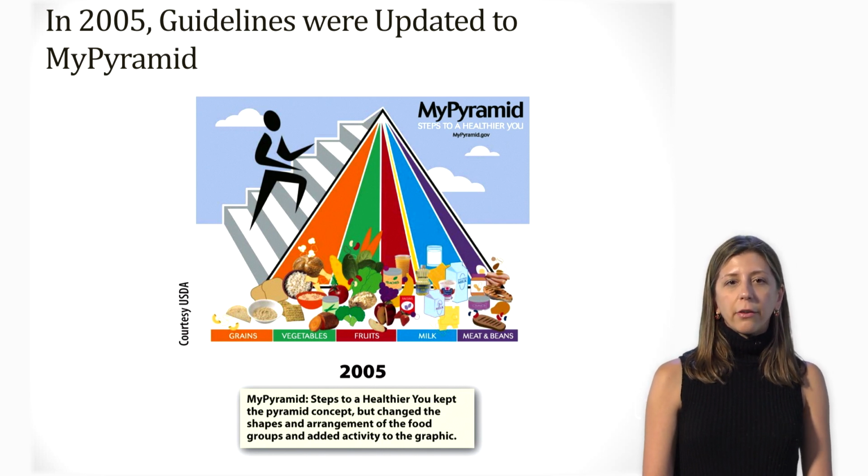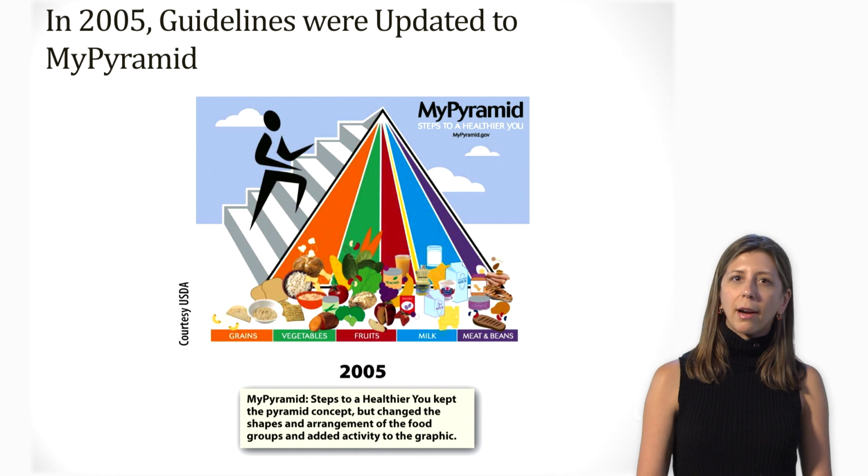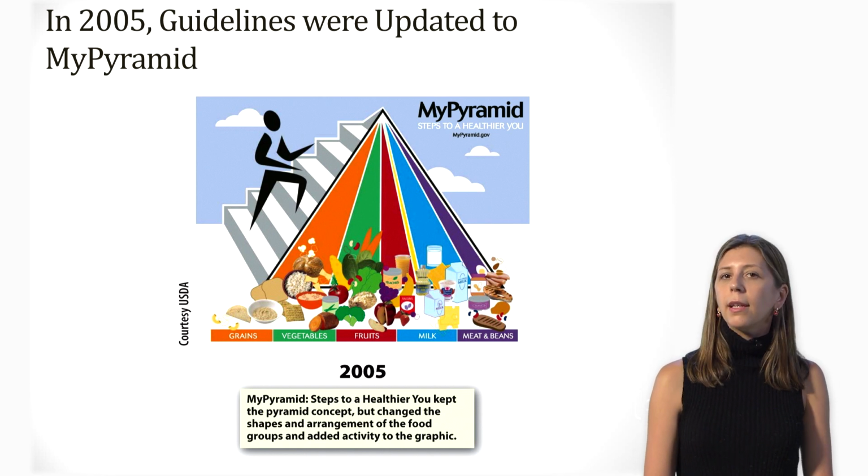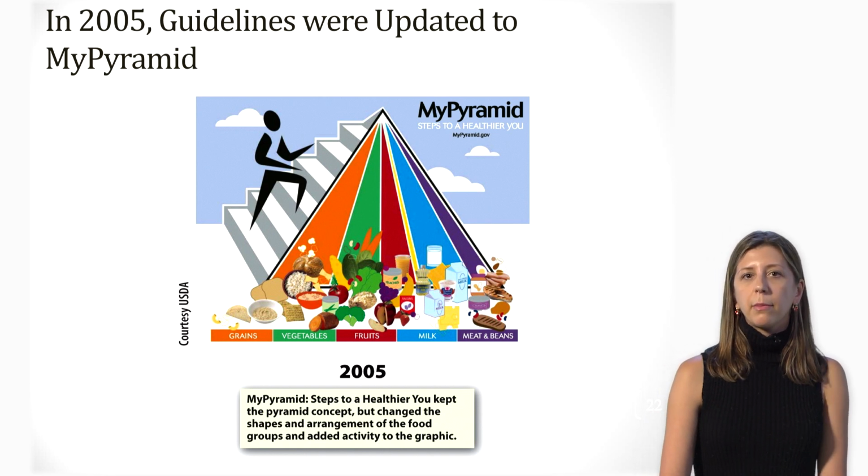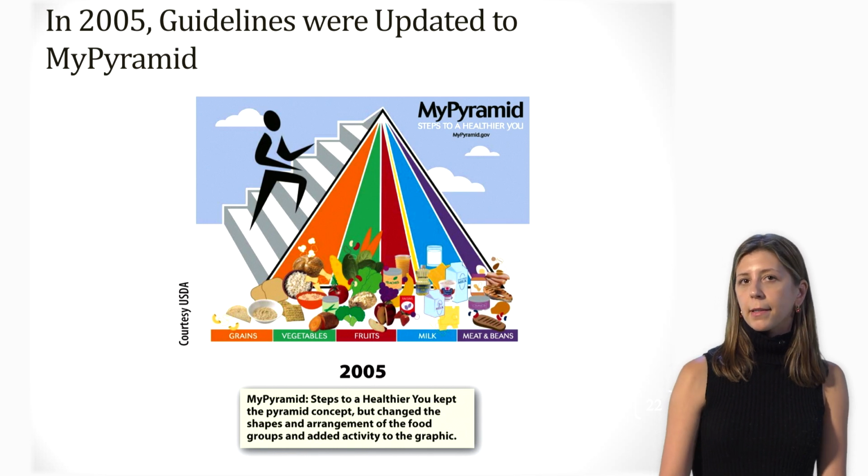And then we see our food groups and how much of that we should be consuming every single day. So you see similar food groups, grains, veggies, fruits, milk, and your protein on the far right. But what's really confusing is that within that pyramid, you're not sure how much of each food group you should be getting. That was one of the major limitations, I think, to this model in 2005.